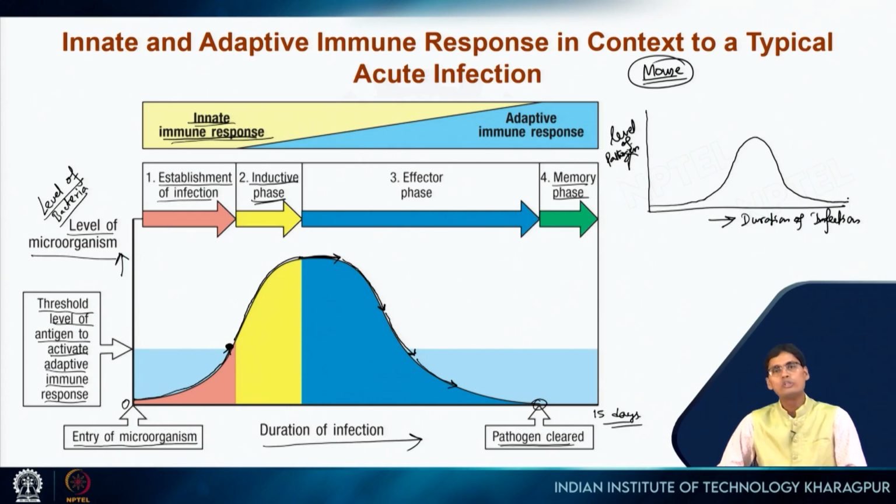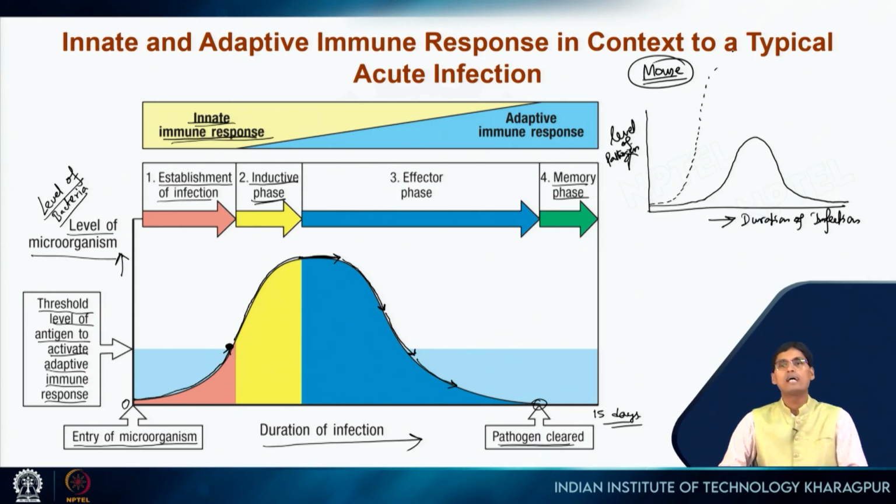Now, if some mice experimentally don't have the innate immune system, that will be a bigger problem, because at the beginning, no one is there to check the multiplication of bacteria or pathogen. As a result, without the innate immune system, it will go like this.